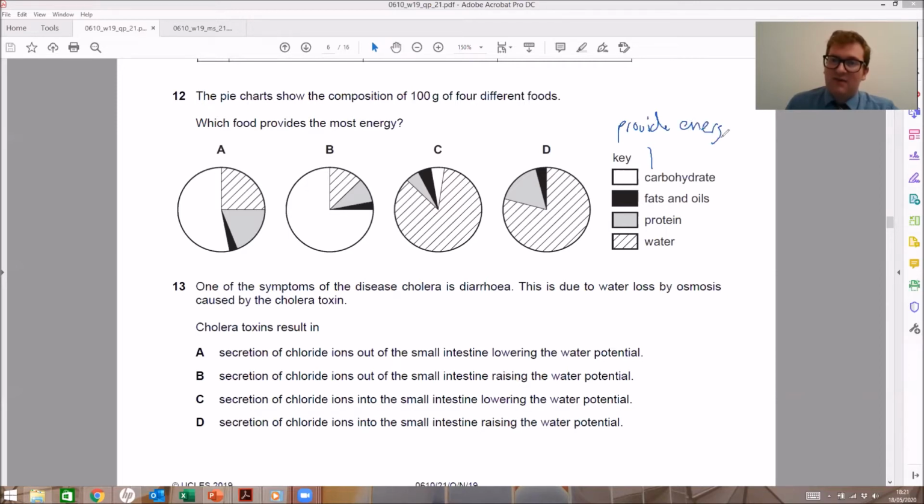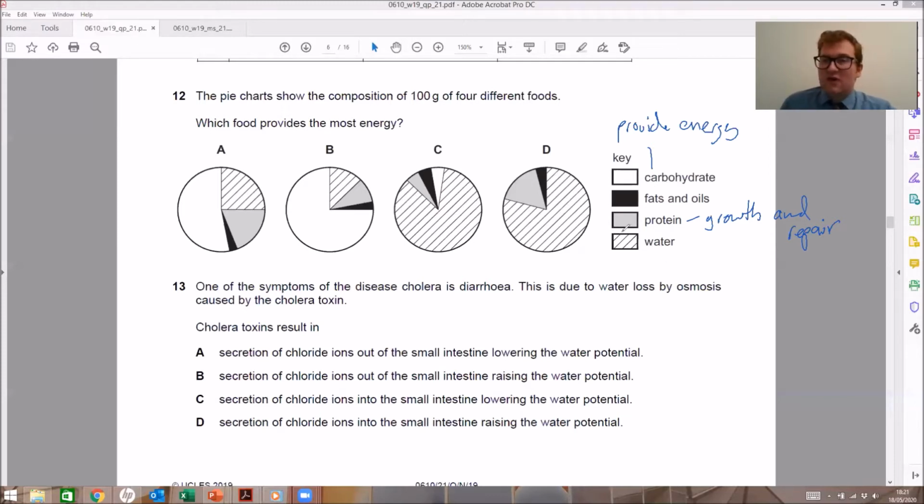Fats also provide energy as well, but we don't eat many fats generally as part of the balanced diet. Protein can release energy, but its main function is for growth and repair. Okay, and water doesn't really give us any energy, though it serves a very important part in the diet.